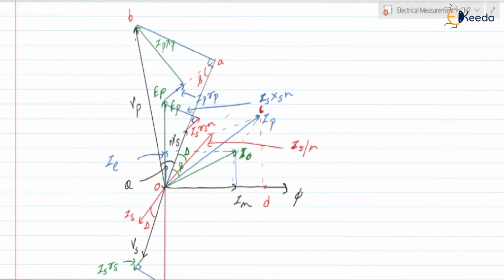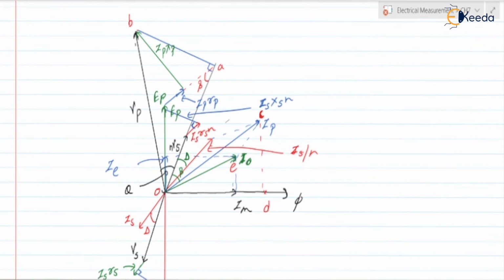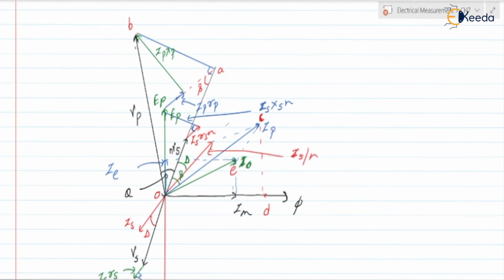This angle is 90 degrees, and this angle is beta. Next, consider this point as E. Now we are going to derive the expression for the actual transformation ratio.